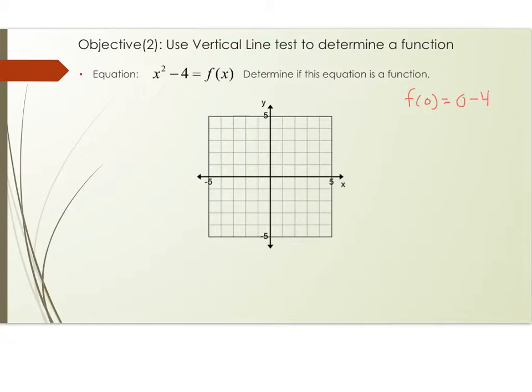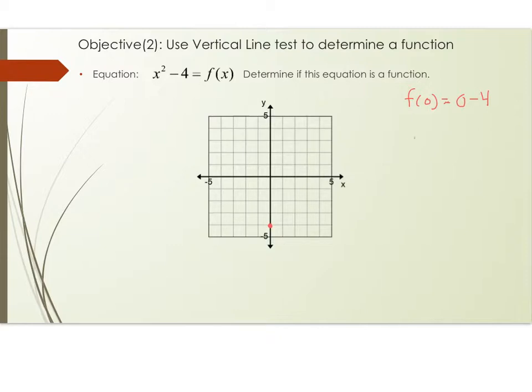So when x is 0, I have a minus 4, which is 1, 2, 3, 4. So I have a point right here for my equation. And I call that the y-intercept.